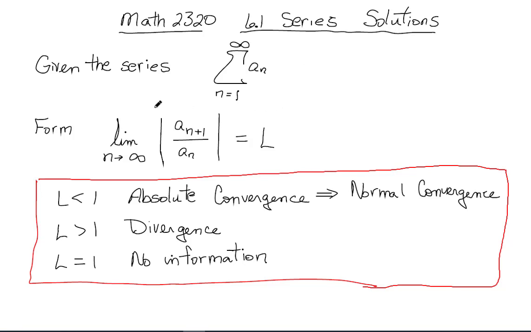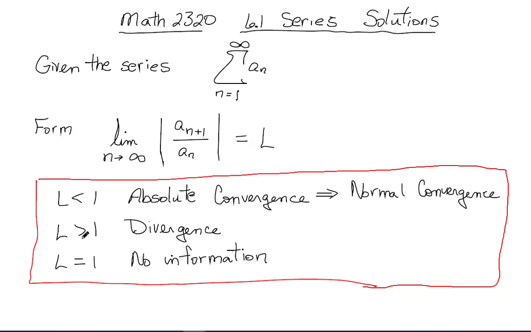One of the ways to do that is to do the ratio test. And the ratio test forms the absolute value of the a n plus 1 term over the a n term. So you form this ratio, take the absolute value and look at the limit. Now, if the limit is less than 1, you get absolute convergence, which implies normal convergence if the absolute values were not there.